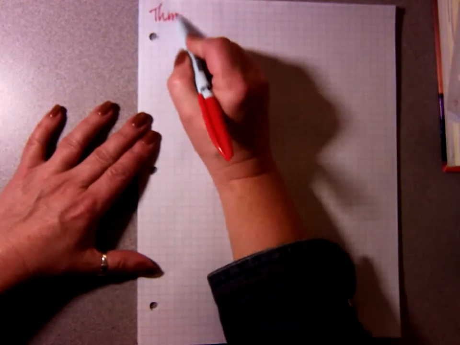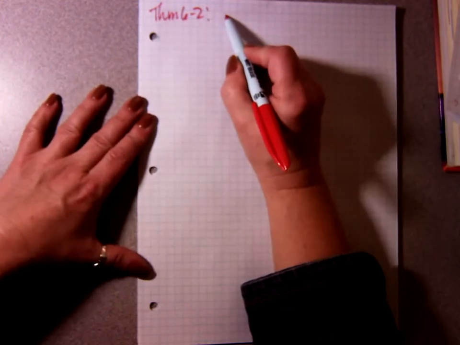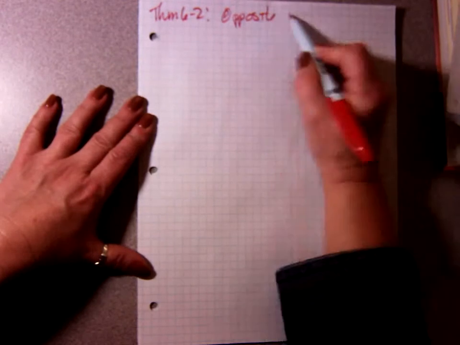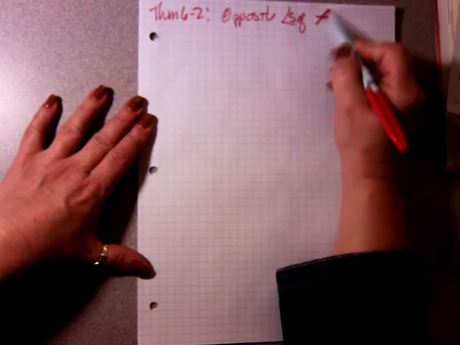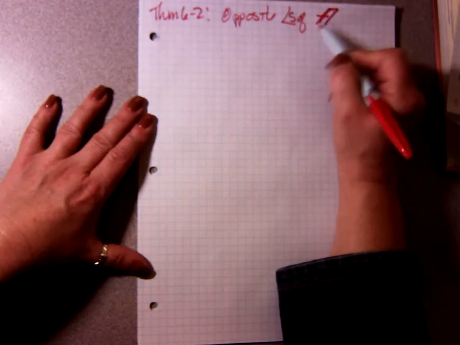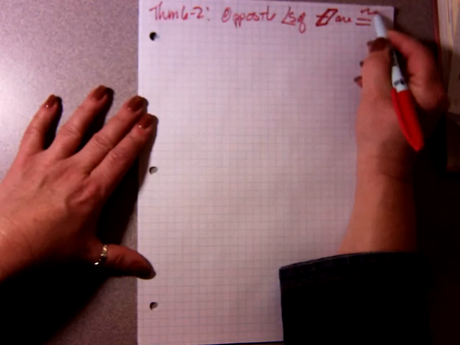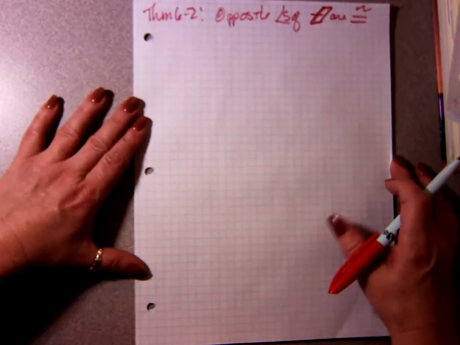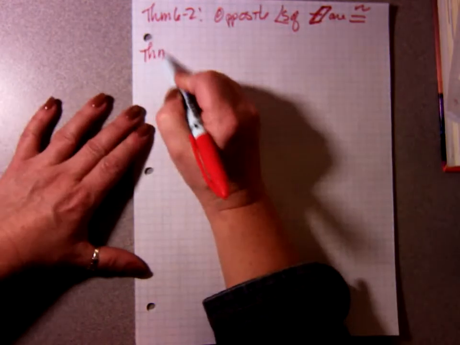Okay, theorem 6.2 from the previous section states that opposite angles of parallelograms are congruent. Converse to this is theorem 6.6.